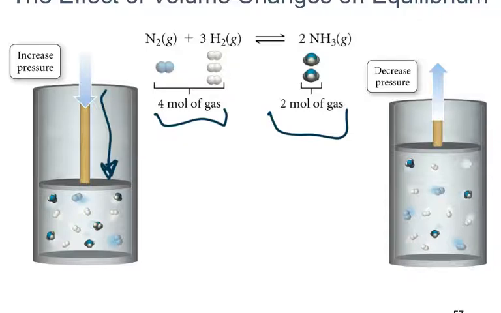So if we increase our pressure, decrease our volume, we shift towards the product side. If we decrease our pressure, increase our volume, we shift towards the reactant side in this case. You always want to count the moles of gas on each side and then decide which way it's going to shift.